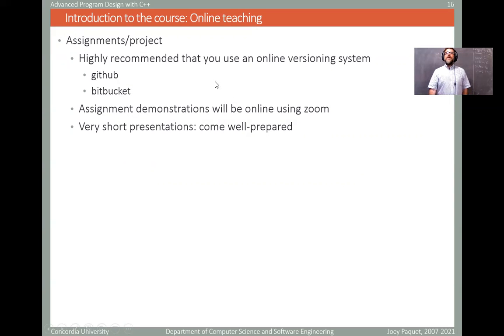For the assignments and the project, it's highly recommended, even though I cannot enforce it, that you actually use an online versioning system. More and more, if you are being serious about being a programmer or software developer, you have to use a versioning system like GitHub or Bitbucket or whichever you are using.